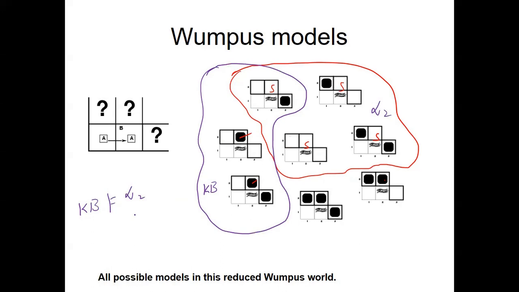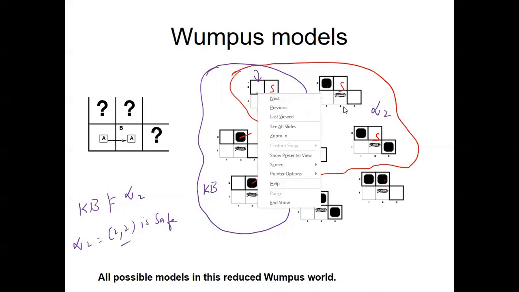No, KB does not entail alpha 2, because wherever KB is true, alpha 2 is not true. Alpha 2 is a sentence which says that 2 comma 2 is safe. So if you see here, this belongs to KB, and here 2 comma 2 is safe for KB.